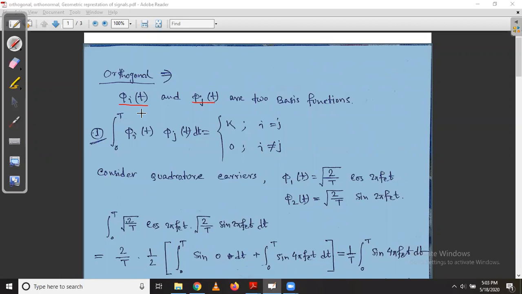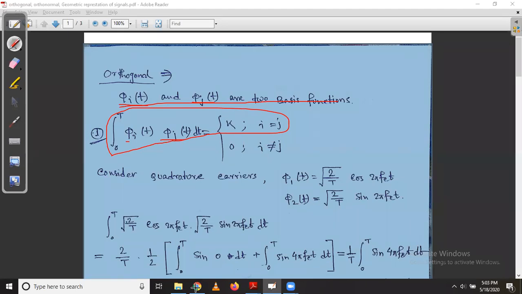So phi i(t), phi j(t), all these are basis functions. We are considering two basis functions. If this condition is satisfied, then we will say these two basis functions are orthogonal in nature.